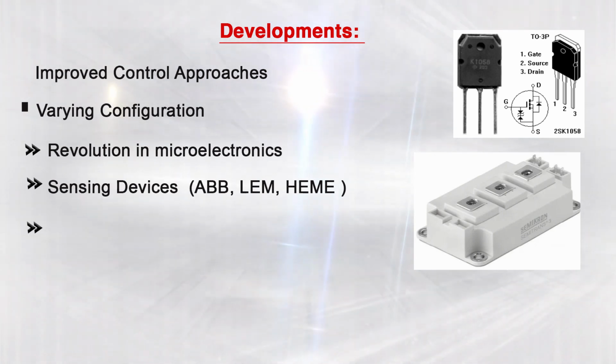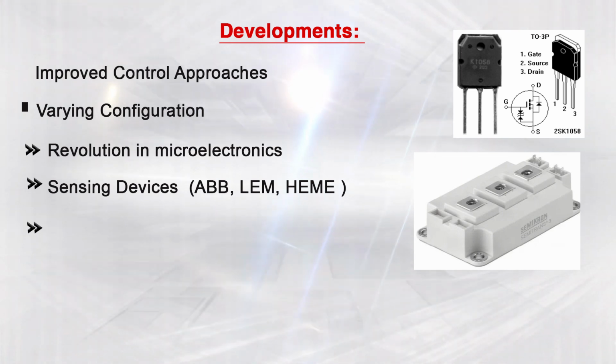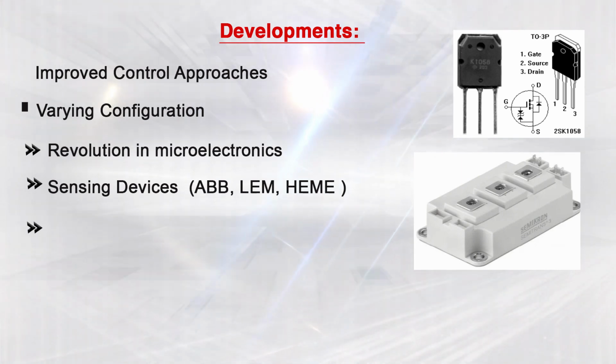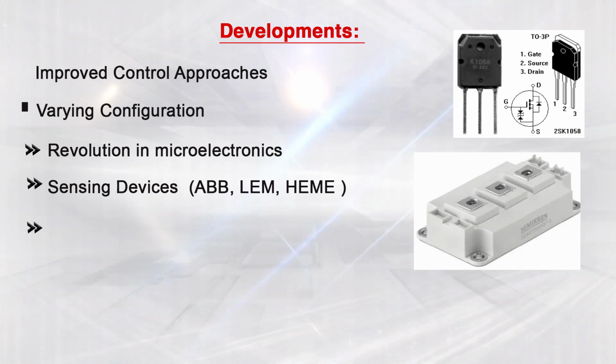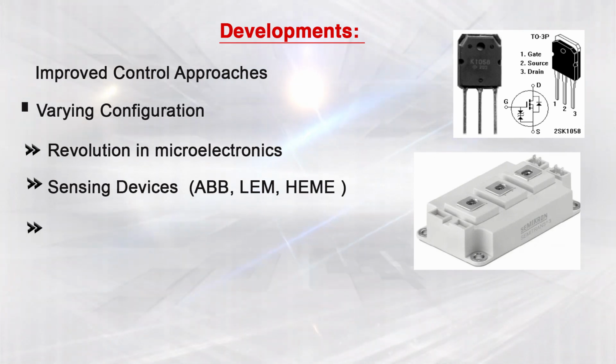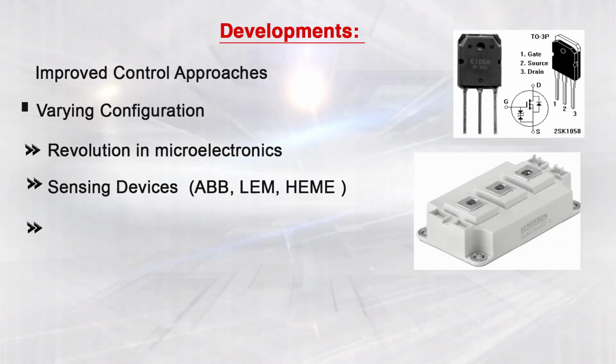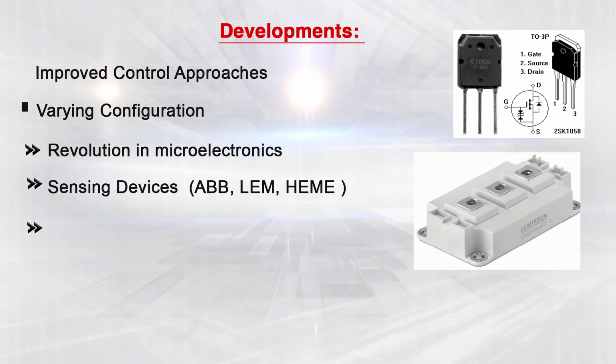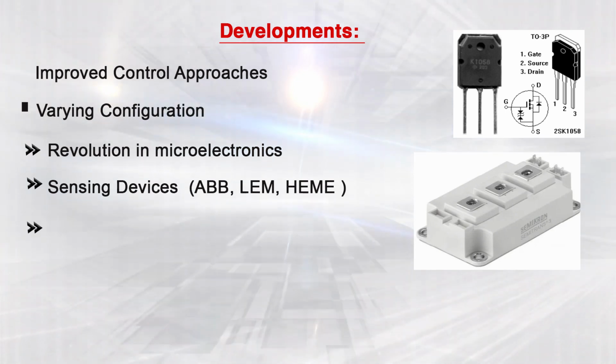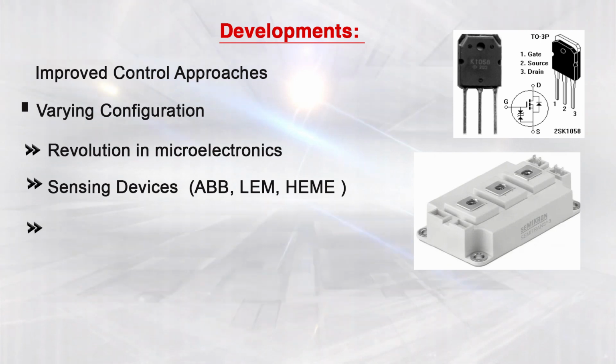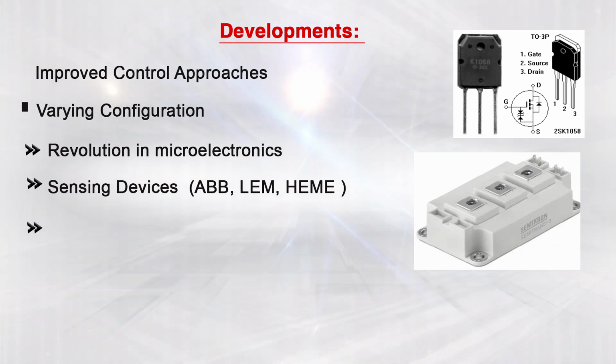Then there is the revolution in microelectronics and sensing devices; suppose we have an ABB make current and voltage sensor. In closed loop operation, various parameters need to be sensed to provide the closed loop operation.